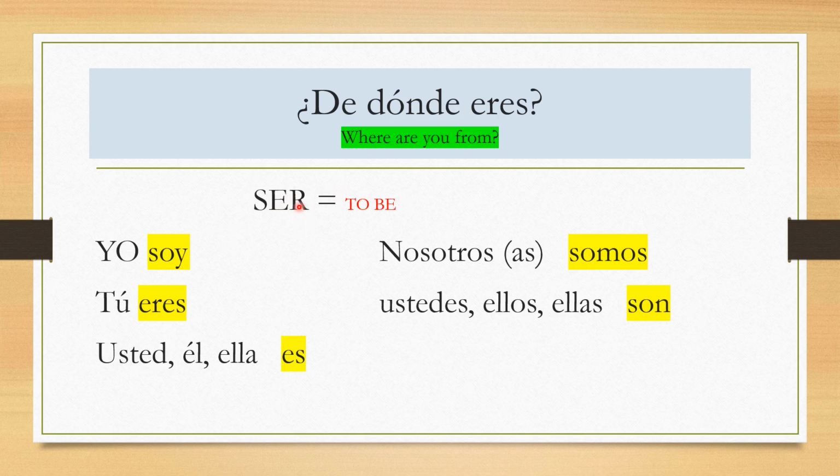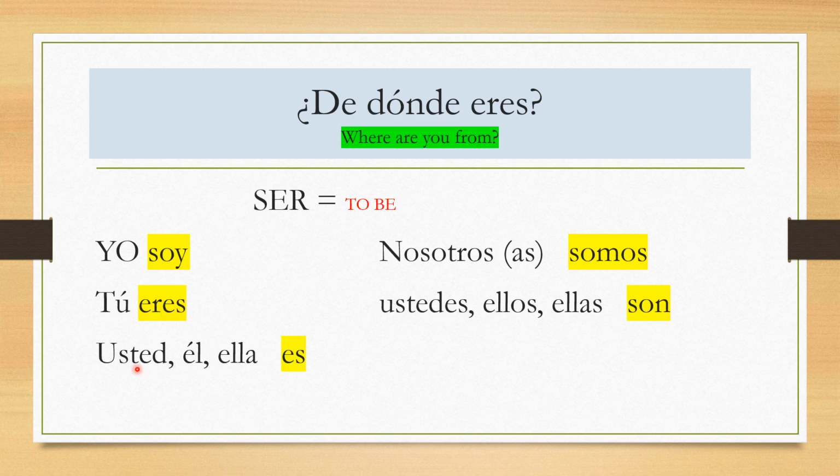Now, how do you conjugate the verb ser? Well, you have it here, the conjugations in yellow, together with the pronouns. So in English, it would be I am, you are, they are, we are, right? The conjugation in Spanish is as follows. Yo soy, tú eres.